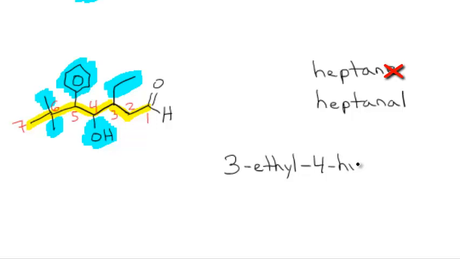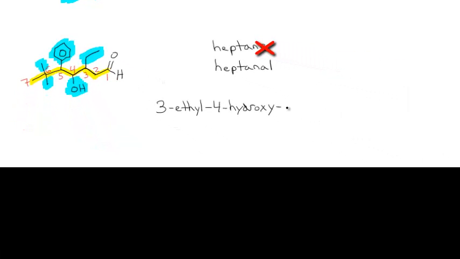Next, we actually have our 2 methyl groups on carbon 6. Since there are 2, we list out 6,6 and place the Greek prefix di in front of it, 6,6-dimethyl. And then lastly, our final substituent is the benzene ring. Whenever benzene becomes a substituent, the name changes to phenyl.